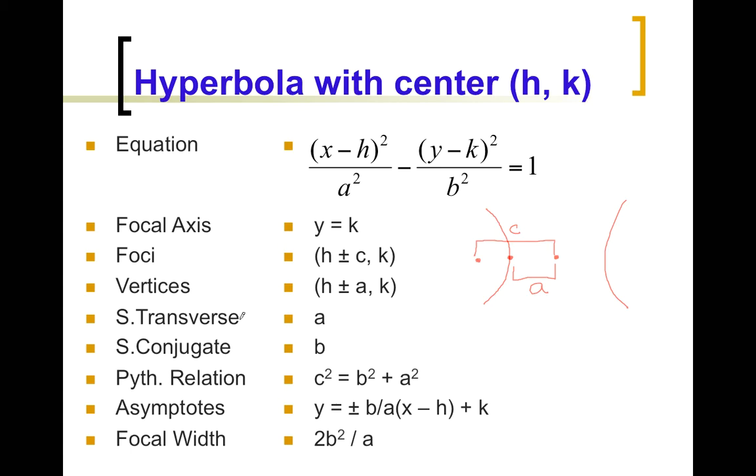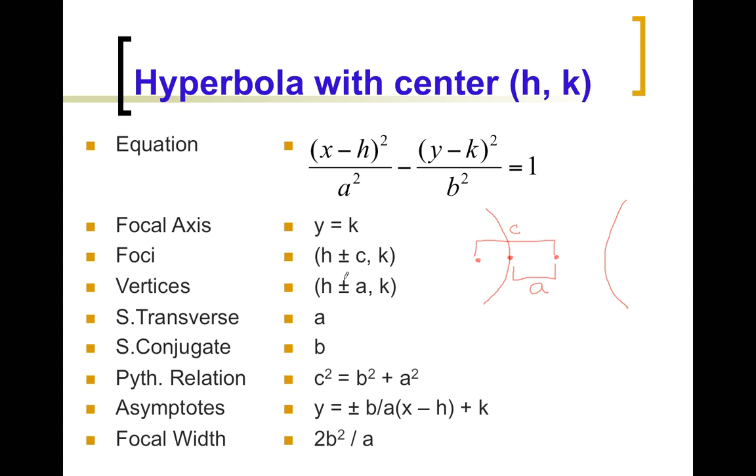And so some things you'll notice here: the semi-transverse, the distance from center to vertex, is a. You'll notice that the focal points are basically c units away from h. And you can think about this as, since it opens left and right, the focal points have to be left and right from center, so I'm going to change the x value.